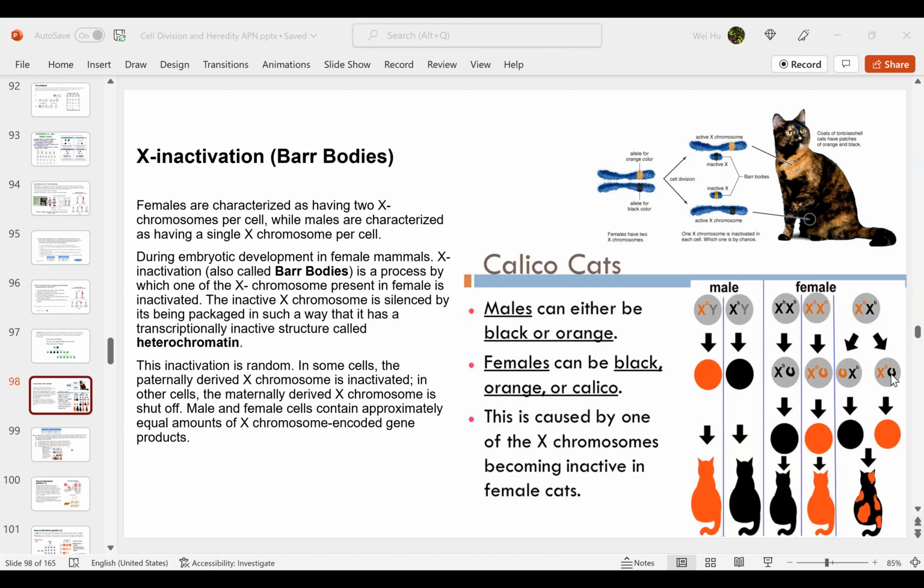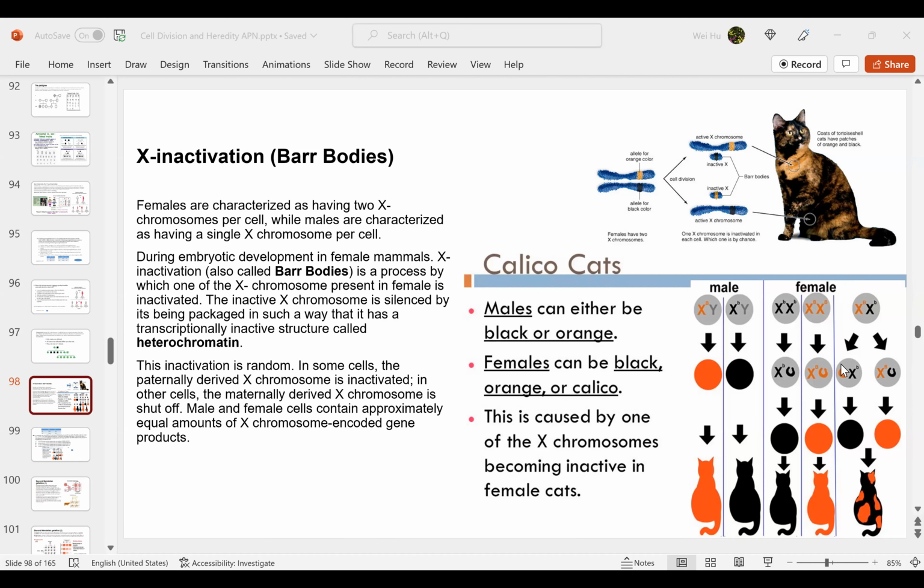Then in another area, the orange is working and the black is taking a rest, so you get orange. So the black area means that the black is active, and the orange area means that the orange is active.